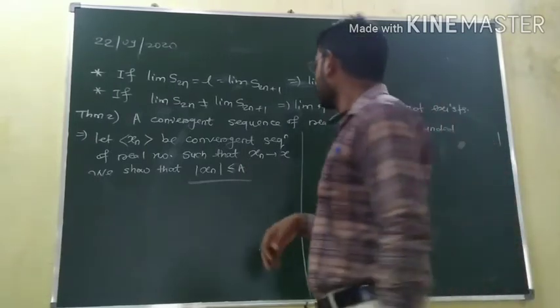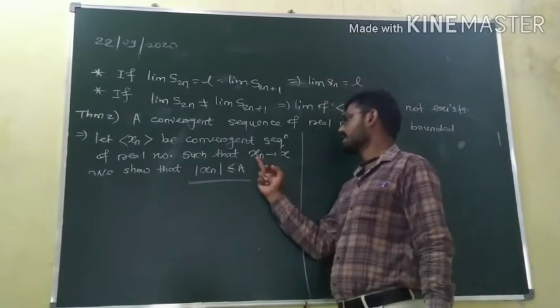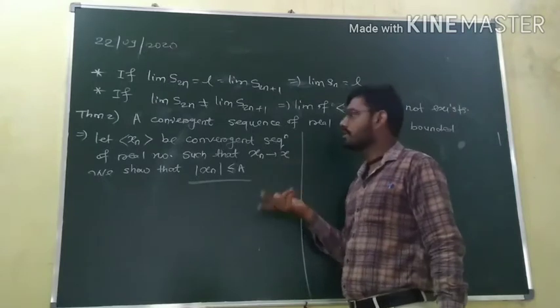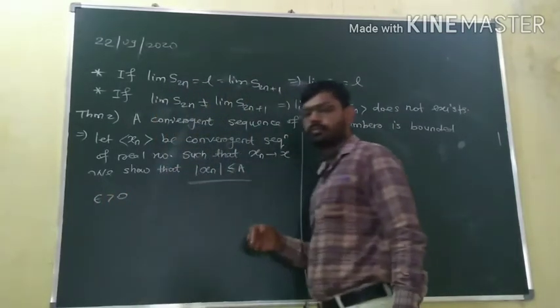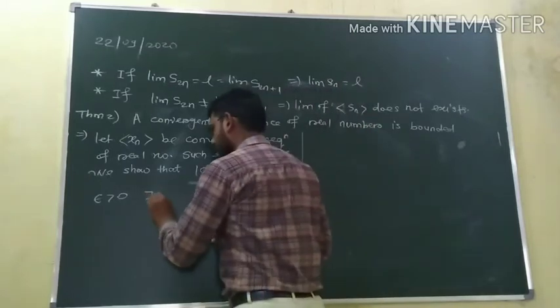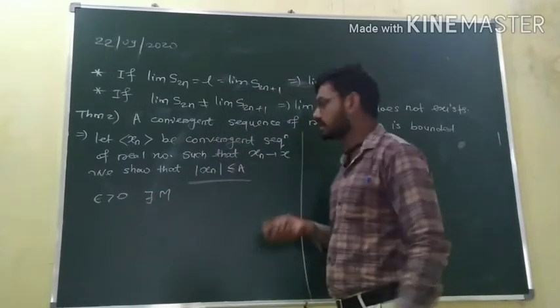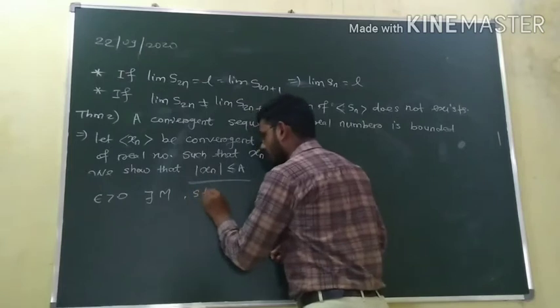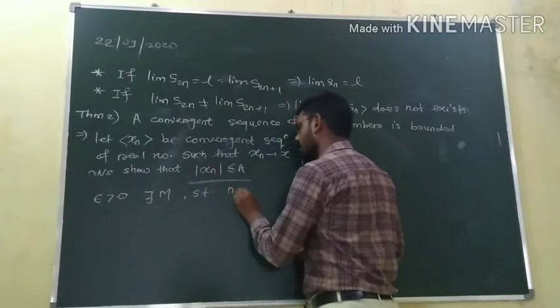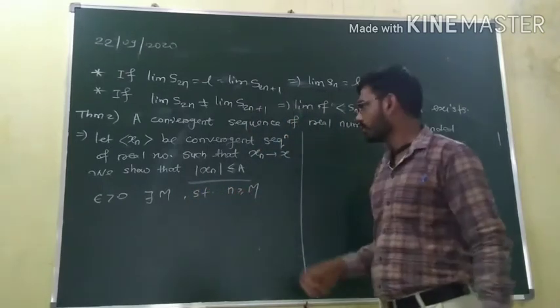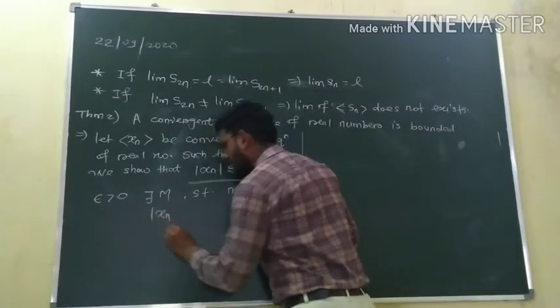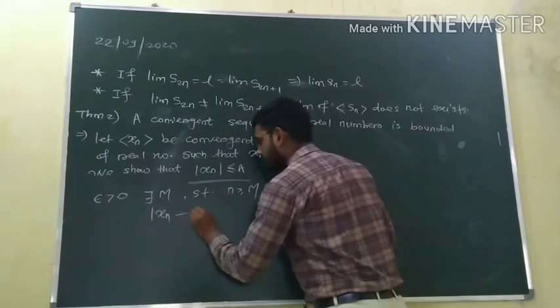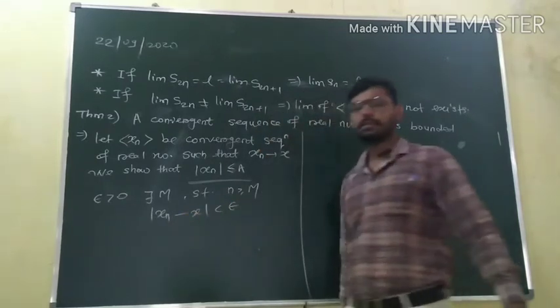Now we are given that the sequence xn converges to x, so use the definition: for any epsilon greater than 0 there exists m such that whenever n is greater than or equal to m, the difference between the nth term and the limit is less than epsilon.